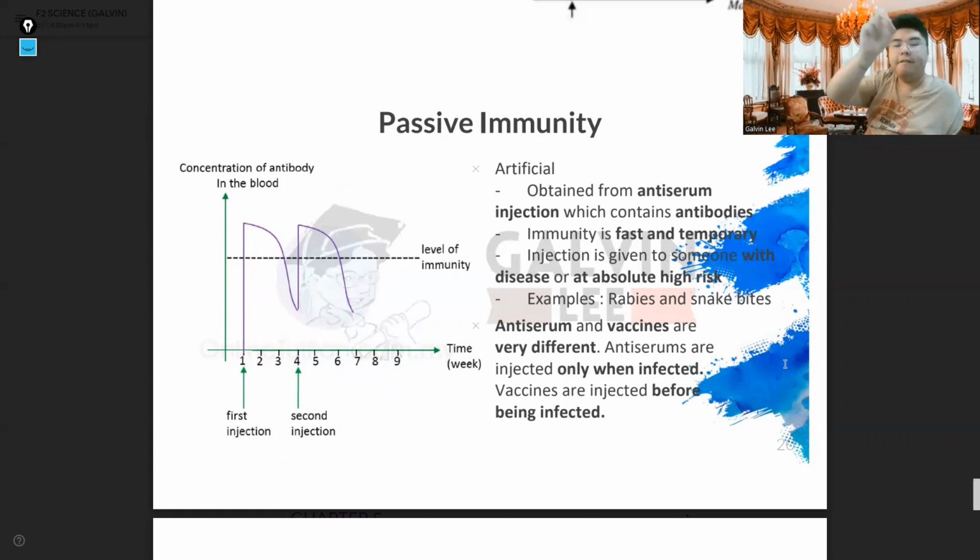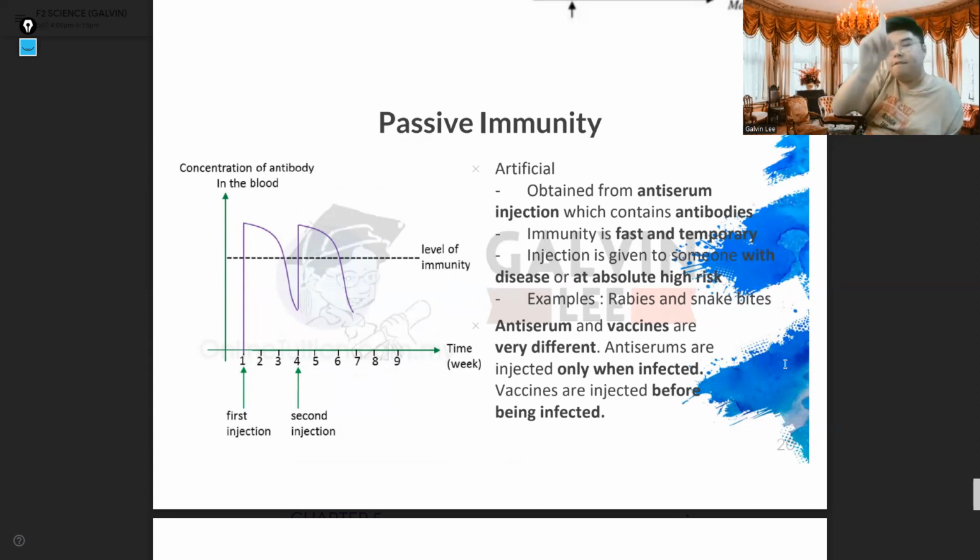Another difference: vaccine provides immunity for a very long term, for a very long time, while anti-serum provides you temporary immunity. Another difference: vaccine provides you with immunity slowly, it takes time, takes booster doses for it to appear, whereas anti-serum gives you immunity quickly.